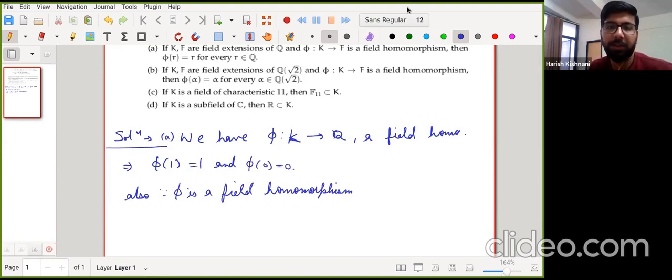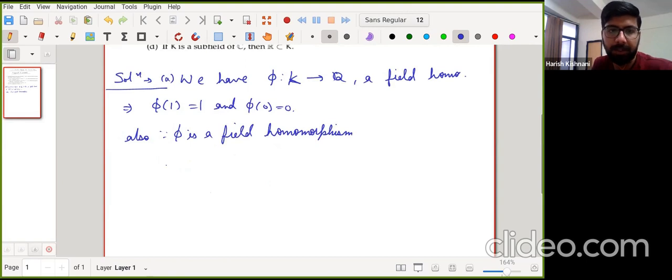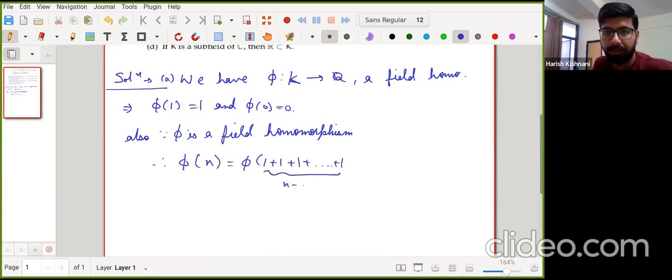Since phi is a field homomorphism, where will phi of n map? Phi of n is phi of 1 plus 1 plus 1 plus dot dot dot, 1 n many times, where n is any natural number.